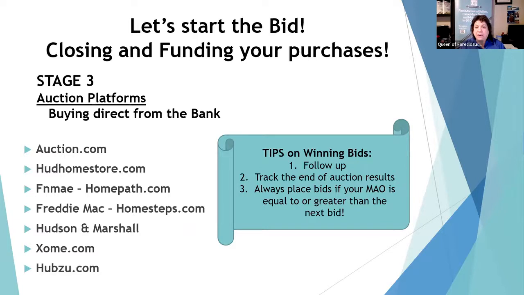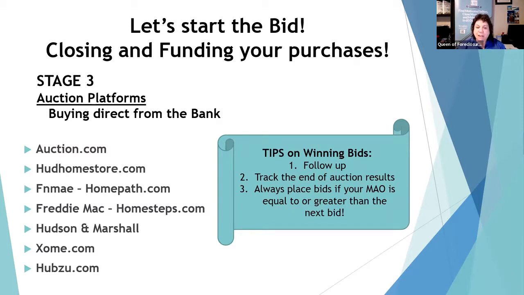And there are not a lot of REOs right now, because there has been a moratorium on foreclosures, and most of those have just been sitting on the sidelines. And the moratorium affected the insured loans: FHA, VA, Fannie Mae, Freddie Mac, USDA, insured conventional loans, all the insured loans.